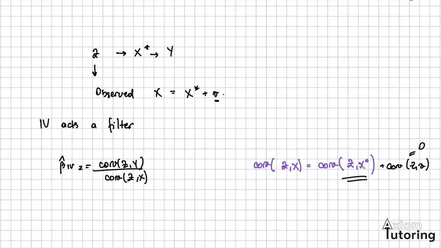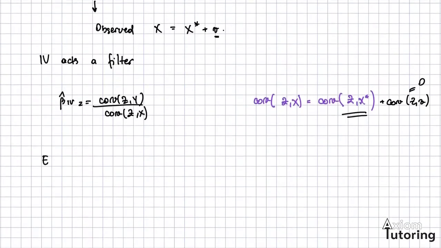As a concrete example, imagine that we've got education, which is self-reported. And some people round it up, some people round it down, some misremember. OLS uses this noisy education variable and basically gets the attenuated estimate.